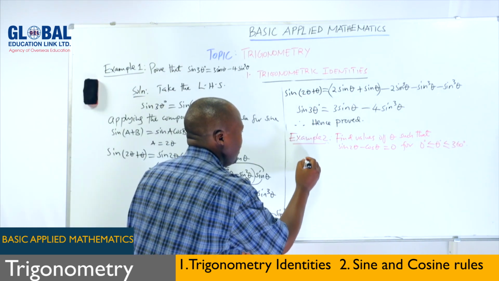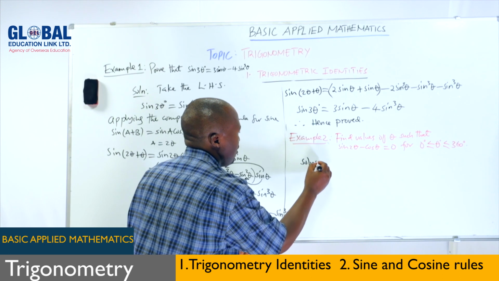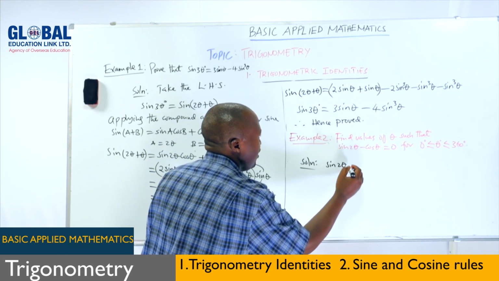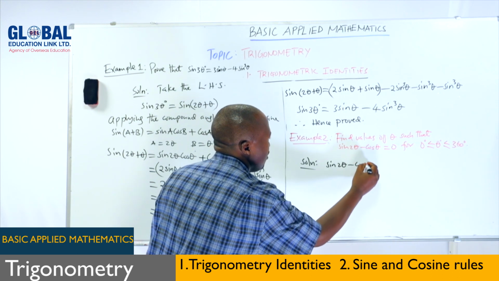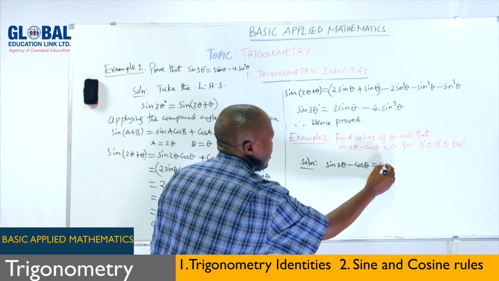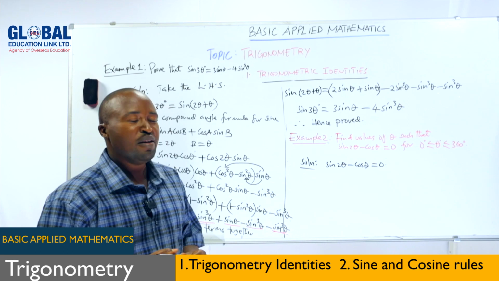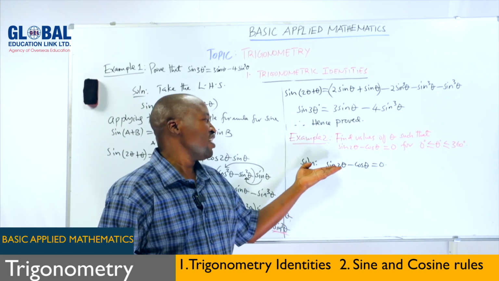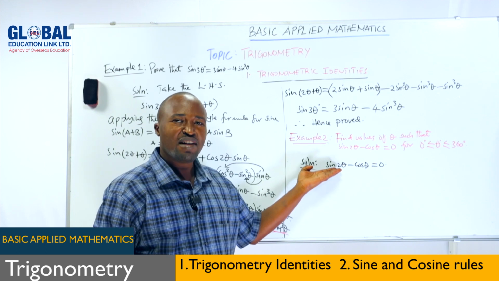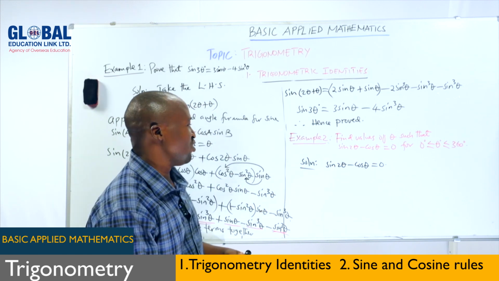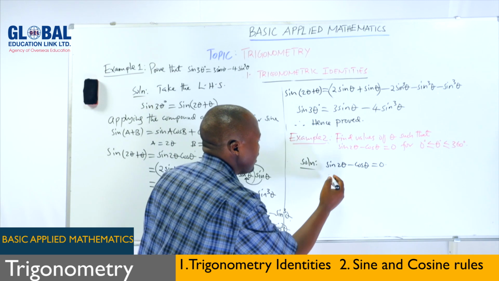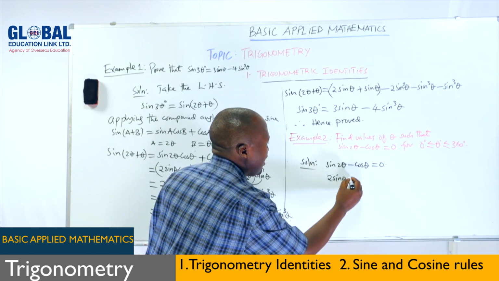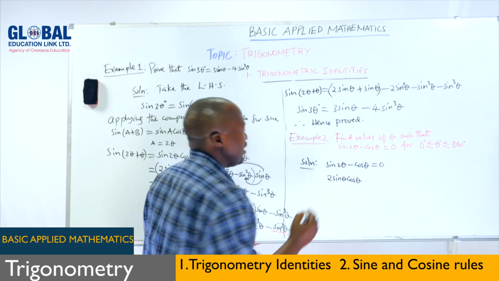Now solution, we have sine 2 theta minus cos theta is equal to 0. But remember, we know exactly the value of sine 2 theta because sine 2 theta is a double angle formula. So double angle formula for sine 2 theta is 2 sine theta cos theta.